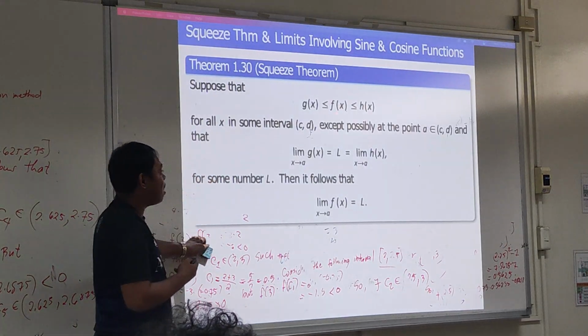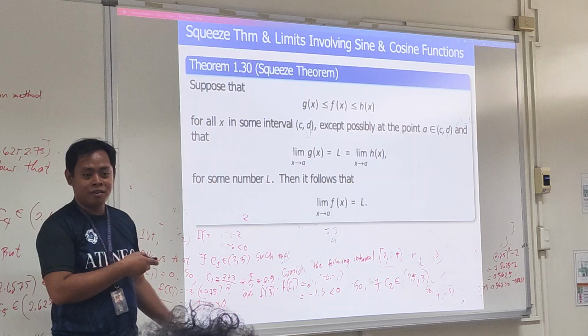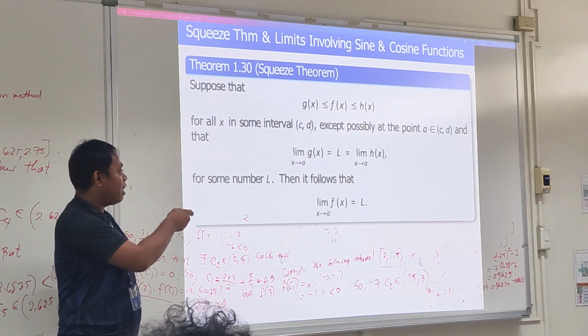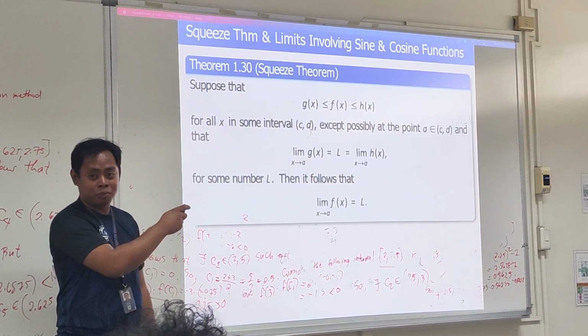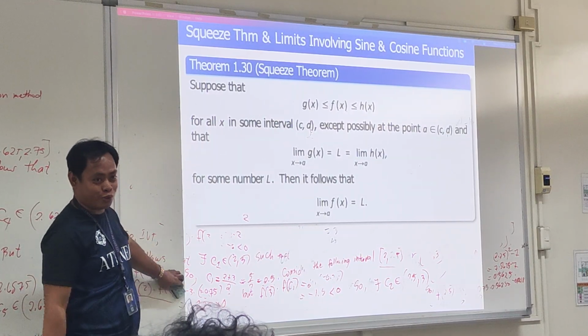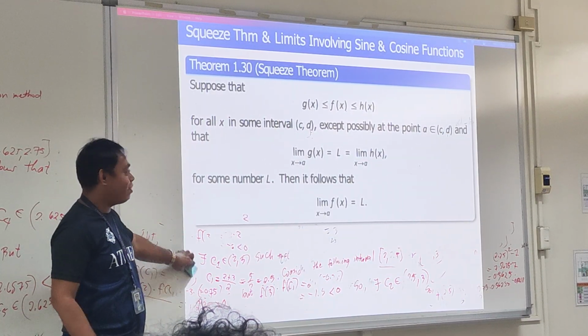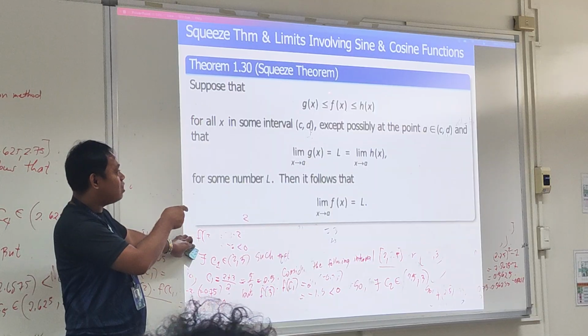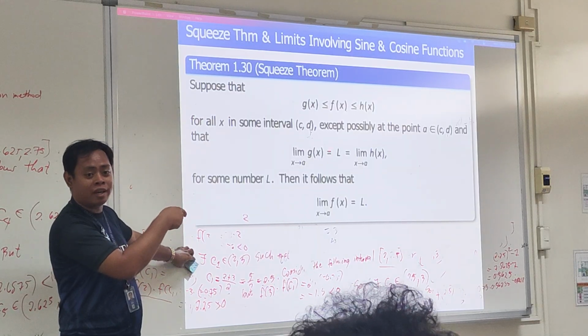So as you can see, diba, this f of x here is bounded above by this h of x and bounded below by g of x. Ano ng bounds? So, restricted na f of x, no? Ako siya kang g of x, but hindi siya ulapas na h of x.